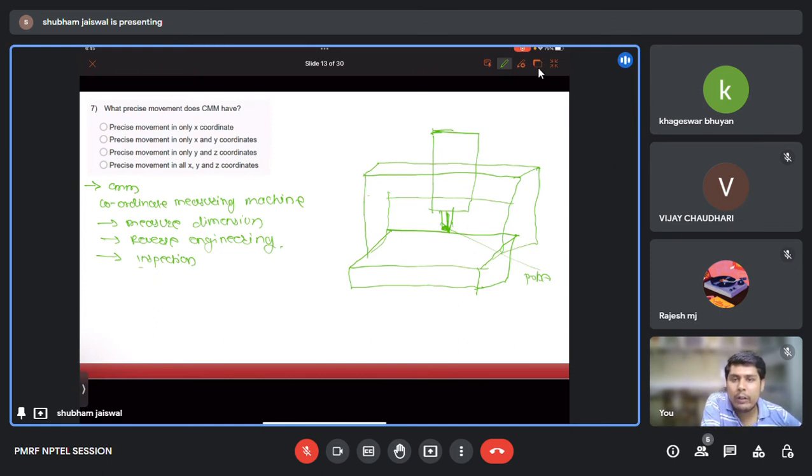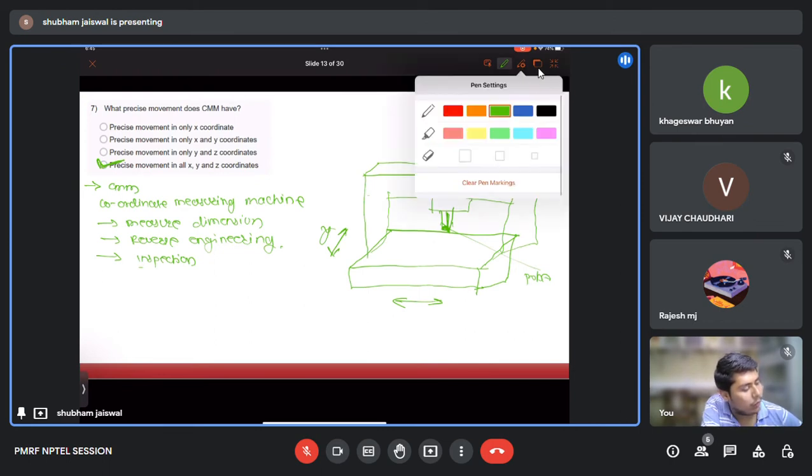When we are talking about measurement, we can measure the dimension in all the axes like X, Y and Z. So if we are measuring, then it should have precise movement in all directions. So the correct option will be that.